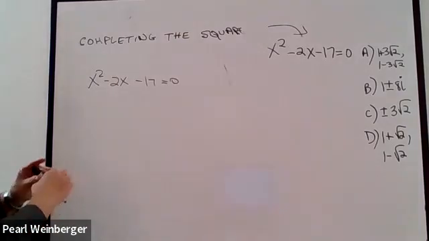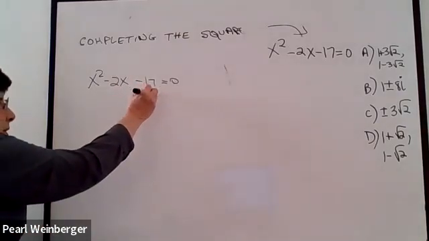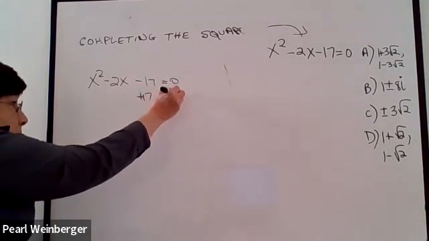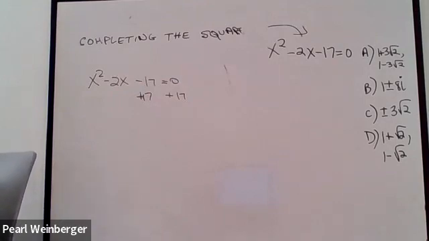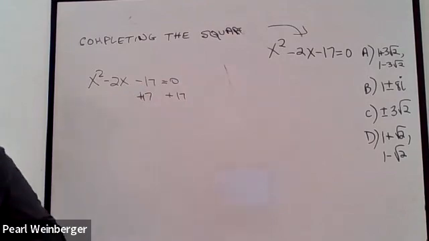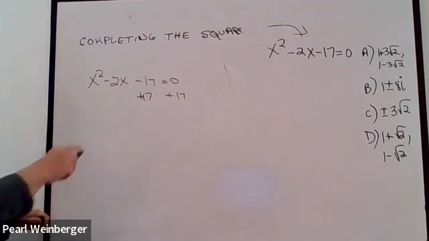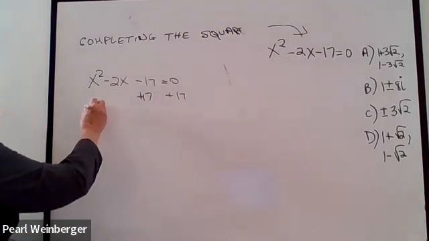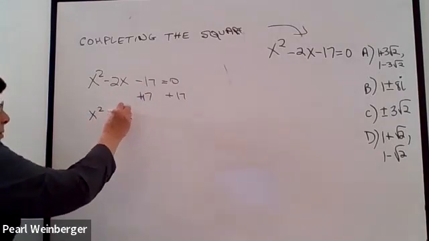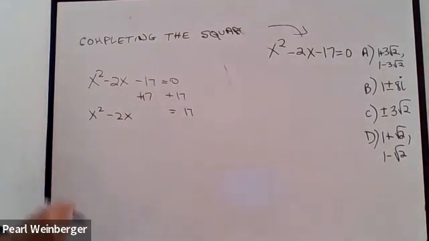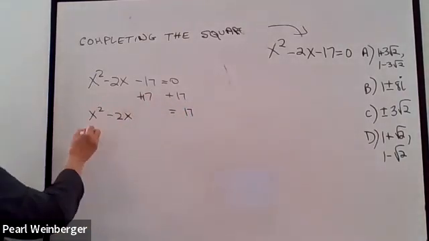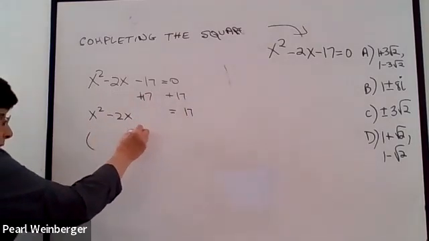So the first thing we're going to do is bring the 17 to the other side, so that we end up with x squared minus 2x equals 17. Okay, we're going to make this into a perfect square binomial. So let's write that over here.